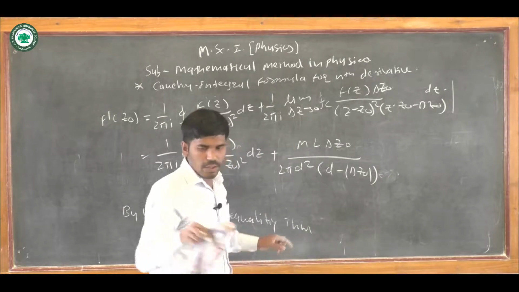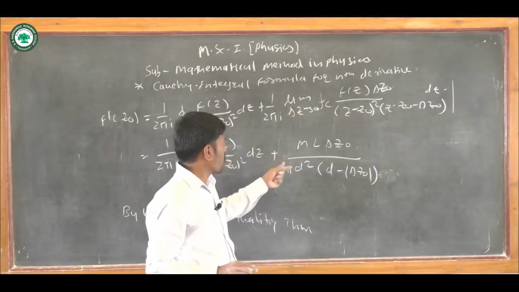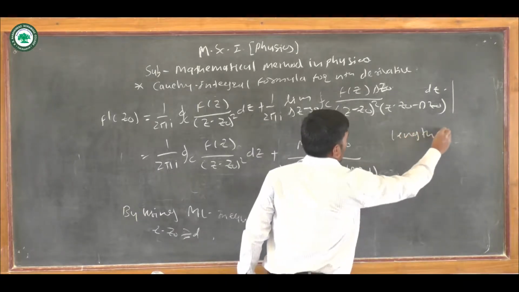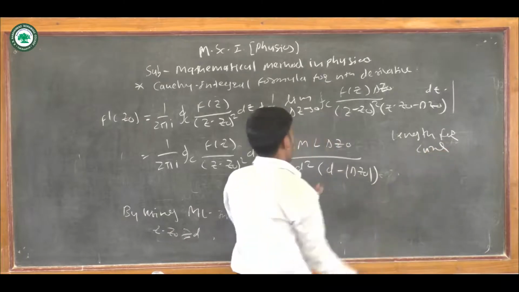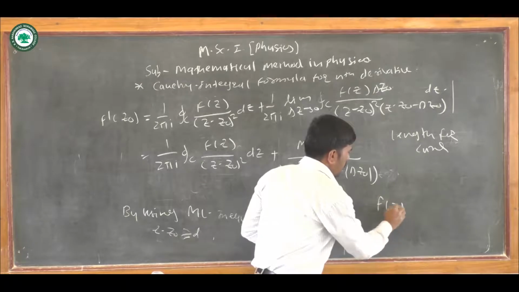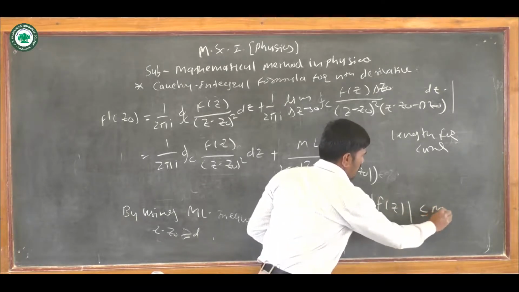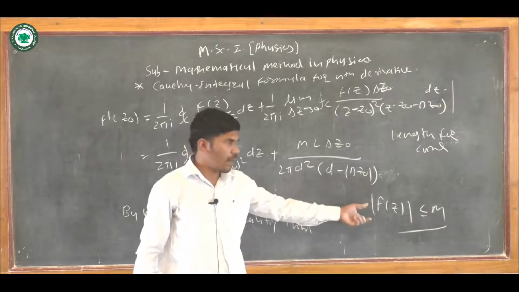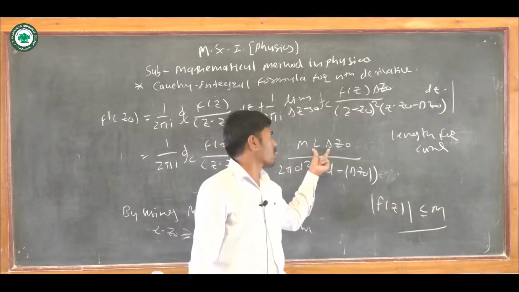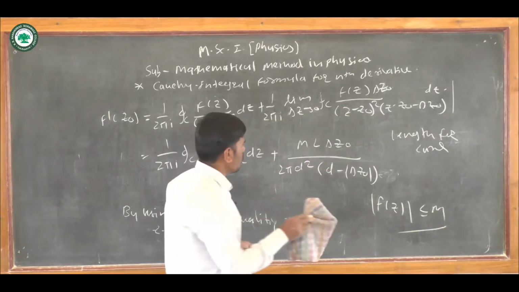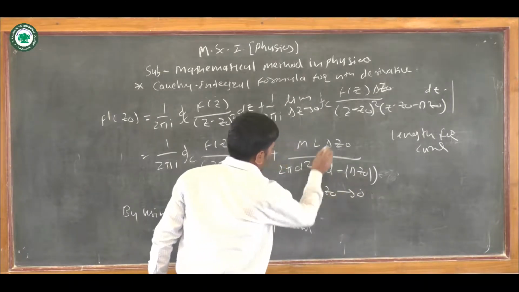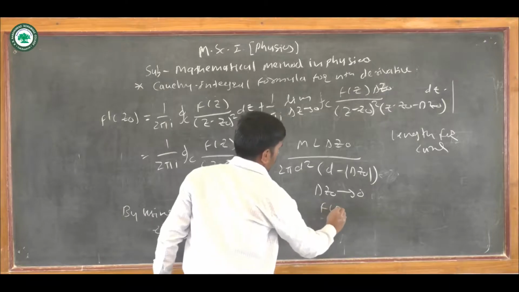So this is the expression for the second term. Here L is the length of the curve, and the modulus of f of z is less than M, when f of z is analytical and z naught is on the curve. Then we can write these things. So when this delta z naught approaches 0, this second term is 0.